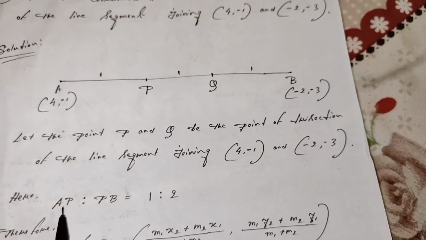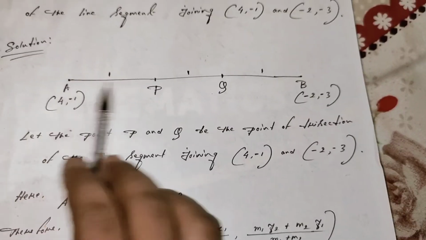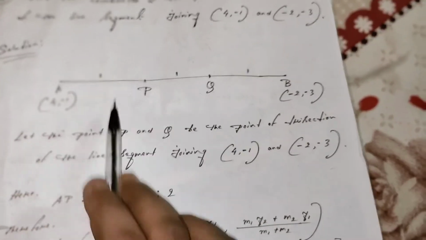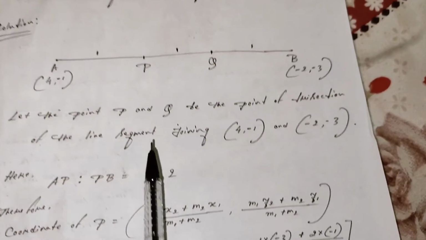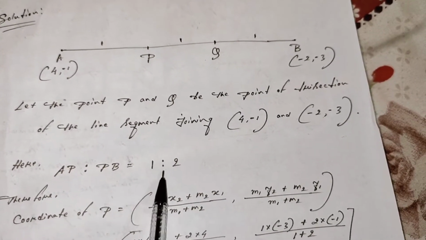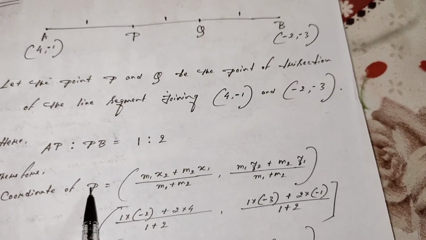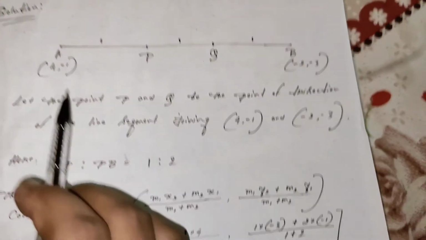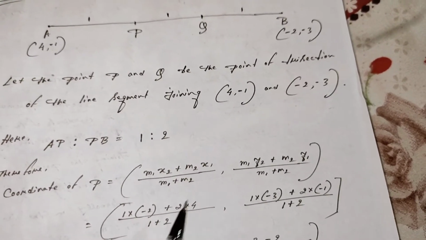So here AP is to PB is equal to, because AP has one part and BP has two parts, so its ratio will be 1:2. So we'll find the coordinates of point P. This time we'll apply the section formula, this one.